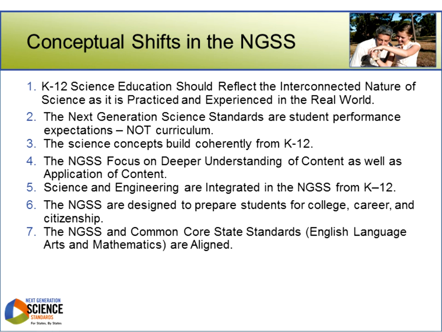So within that framework, there were three dimensions of science learning. There are scientific and engineering practices, cross-cutting concepts, and disciplinary core ideas. Scientific and engineering practices are how scientists accumulate and communicate knowledge.